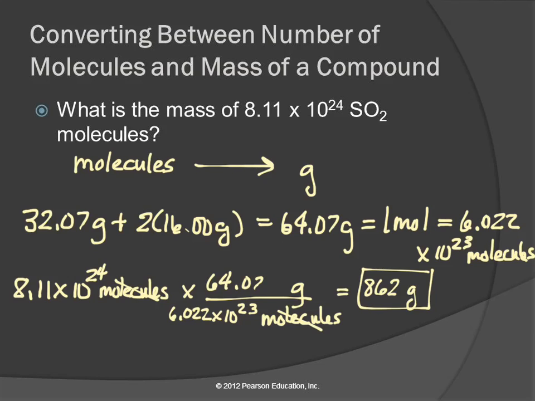Yeah, when I do it that way, I get a slightly different number. 862.8. And so yes, that rounds up to 863. I misread my own writing. 7s and 2s can look a lot alike.